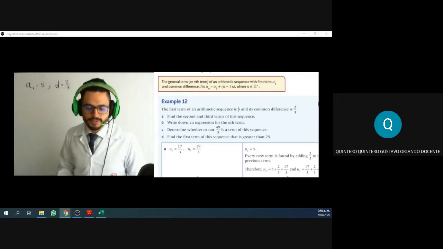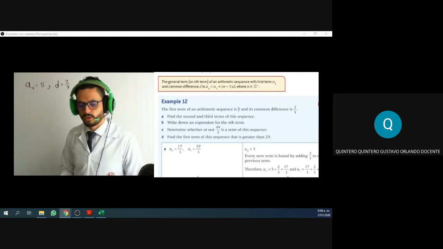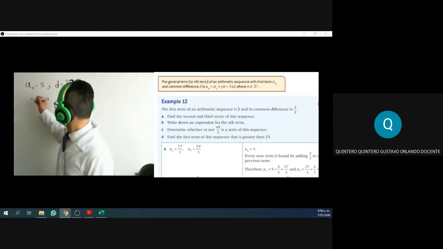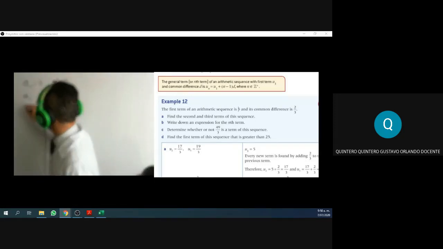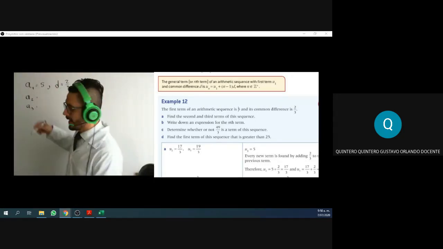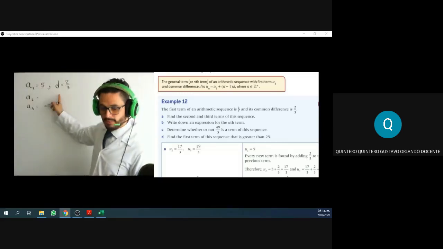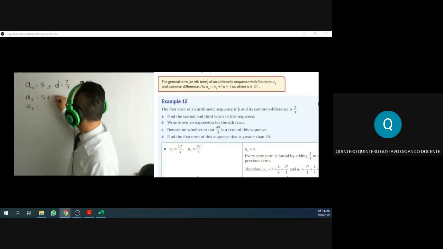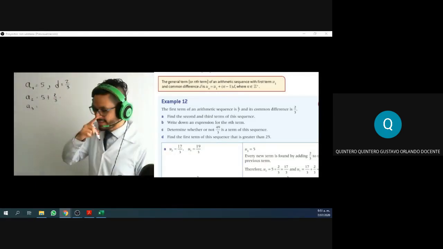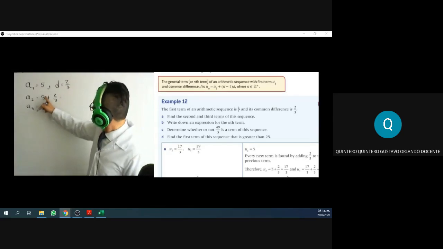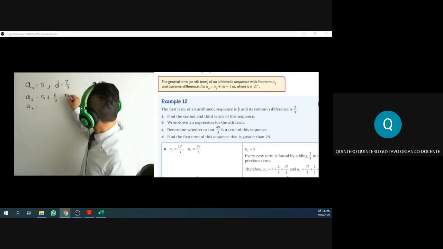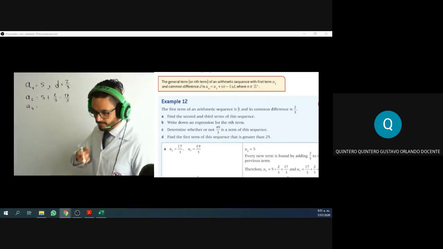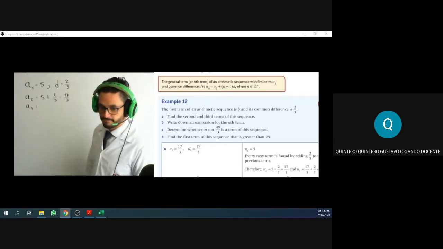How do we find the second and the third numbers of the sequence? Pretty simple. We are looking for A2 and A3. Remember, A2 is the first plus the difference, right? So we have to do in our calculators 5 plus 2 over 3. Can anybody say it, please, in the chat? This is 17 over 3. Thank you, Lily.